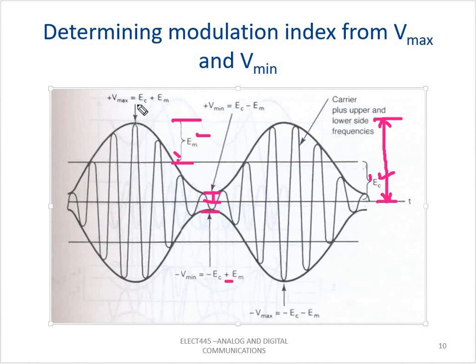Similarly, we change the sign. So if here we get plus EC plus EM, then for minus Vmax we get minus EC minus EM. These are also ways to calculate the modulation index.